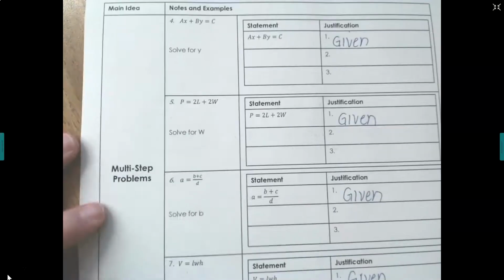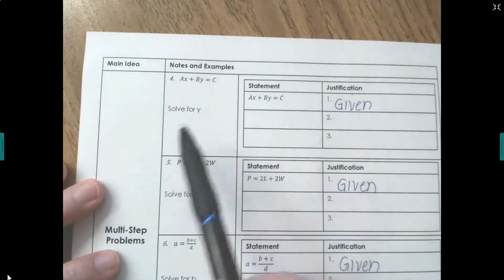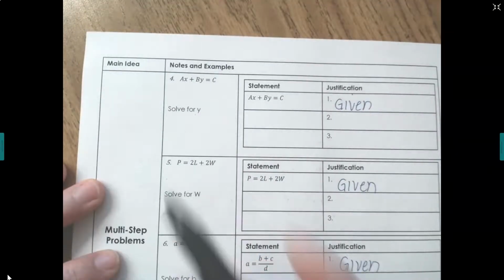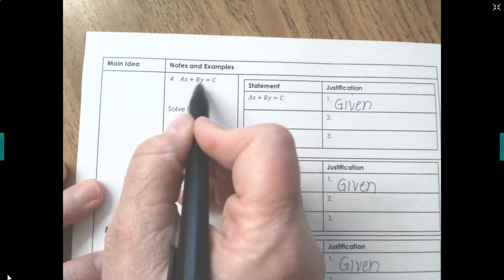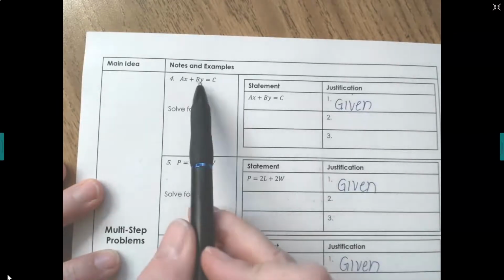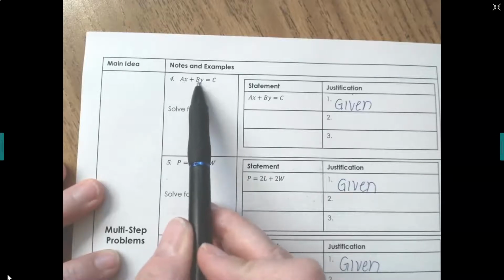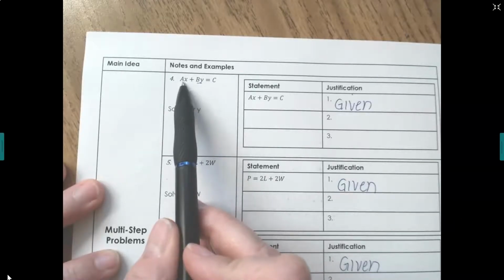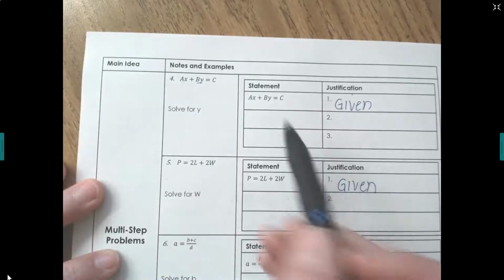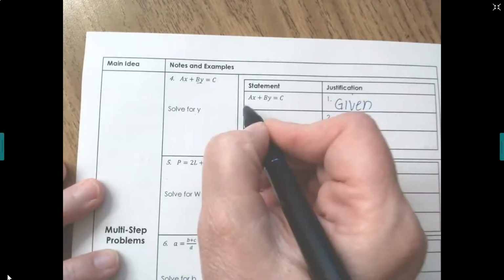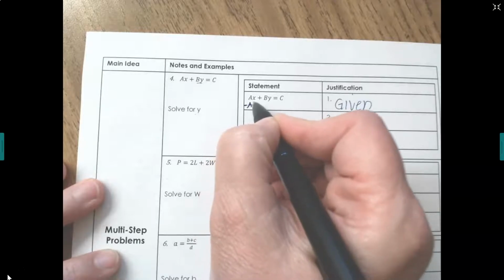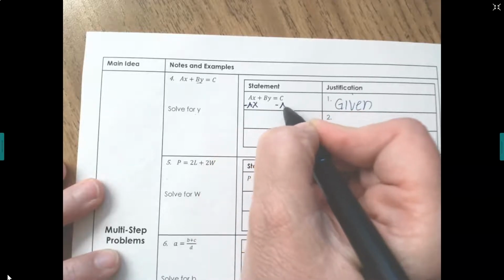Okay, so we're trying to get y by itself. So here's y. It's tied up in that term, and you'll see that there's 2 terms on the side. Well, you can only get to y when there's only 1 term. So that means I need to move the ax over. This is a positive ax, so I'm going to subtract ax from both sides of the equation.